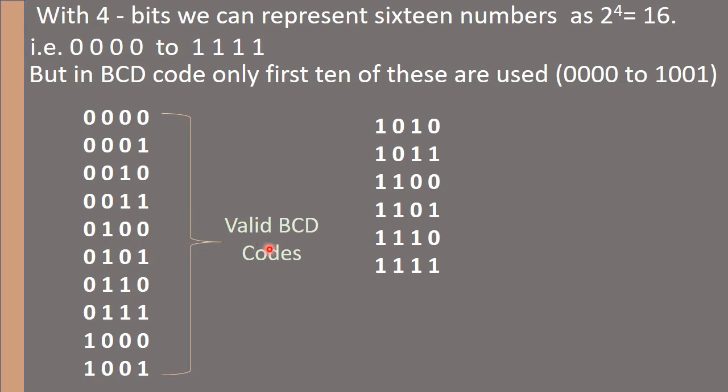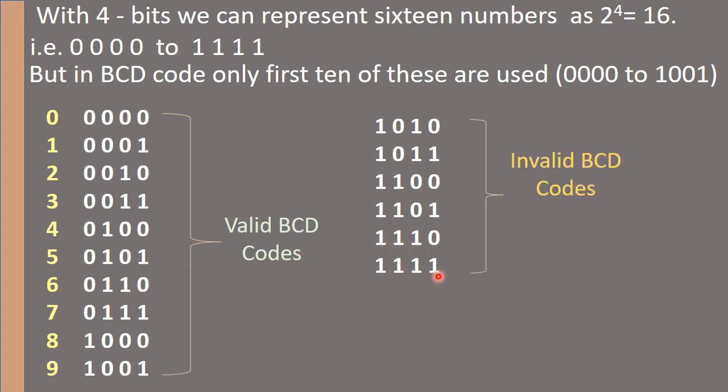These are called valid BCD codes, as each of the 4-bit codes represents a single digit decimal number from 0 to 9. The remaining 6 binary numbers, that is, 1010, 1011, 1100, 1101, 1110 and 1111, are invalid BCD codes. This concept will be helpful when we perform the BCD addition.